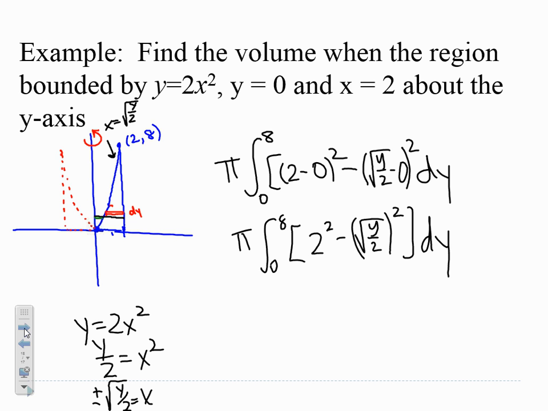Okay? Now this one would be very doable by hand, wouldn't it? Because this is just 4 minus y over 2, y squared over 2. No, y over 2. My goodness, this one is y over 2 dy.